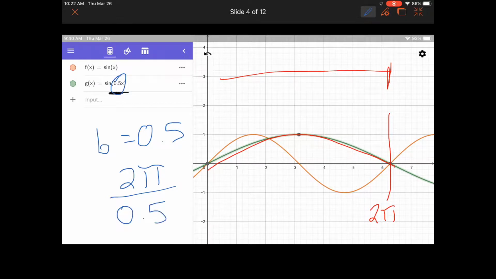That means that the period in this case is going to be 4 pi.